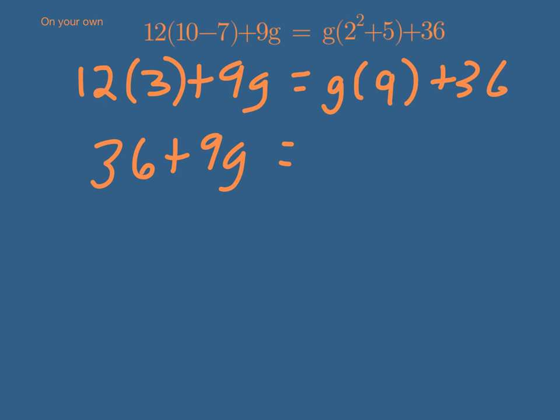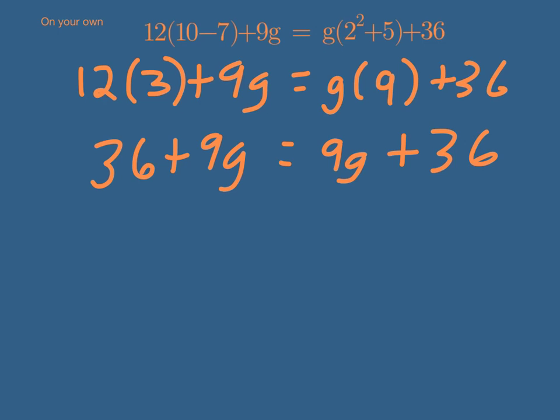On my right side, I would get g times 9 or 9g, and it doesn't matter if the g comes first, plus 36. Right away I can stop because I can see something that should be a red flag to me. I have 36 plus 9g equals 9g plus 36.